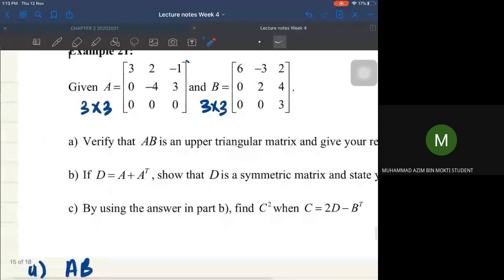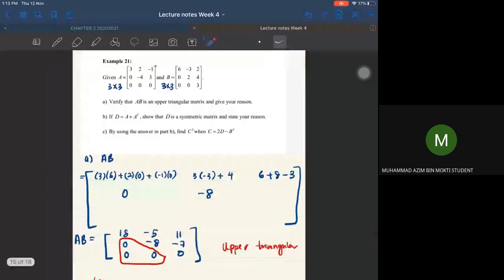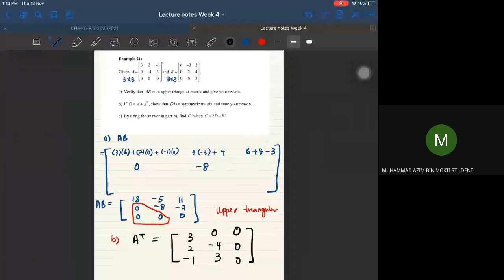Okay. So, therefore, you akan dapat the A transpose is equals to, tak nampak lah sekejap saya terpaksa kecilkan sekejap. A transpose is equals to 3, 2, negatif 1, 0, negatif 4, 3, 0, 0, 0. Okay, so this is your A transpose.